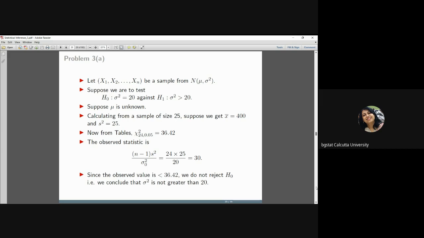So I will have a right tail test, and the degrees of freedom for the chi-square is n minus 1, which is 24. I have to look up the critical value corresponding to 24 and the probability being 0.05, assuming that I want to test at a level of significance of 5%. It turns out that this value is 36.42.